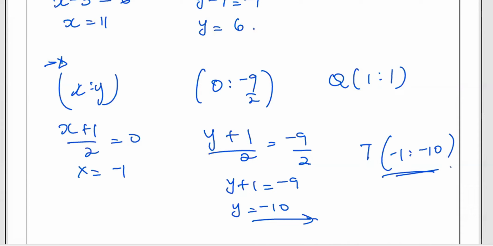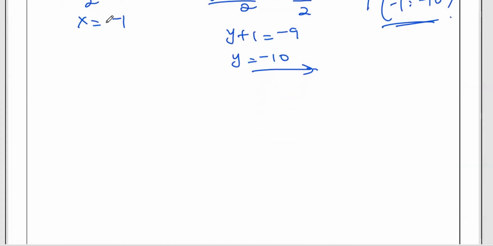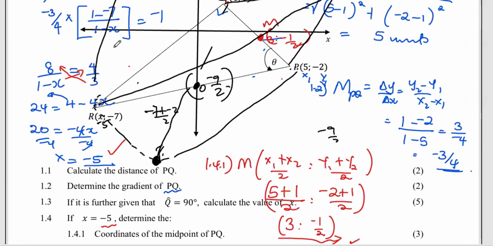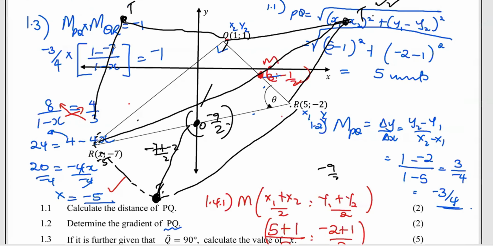Then we are just left with one other option that we can look at, where T is in that other quadrant. So if T is in this quadrant here, meaning that RQ is going to be the midpoint.